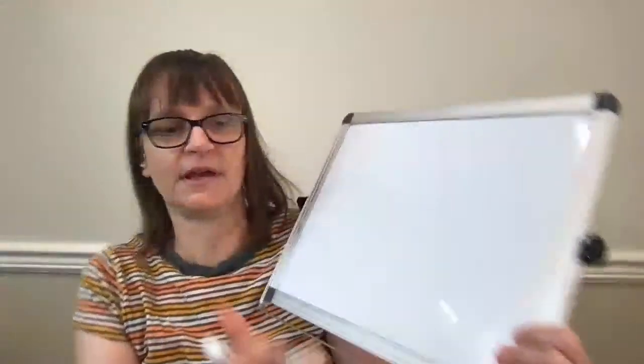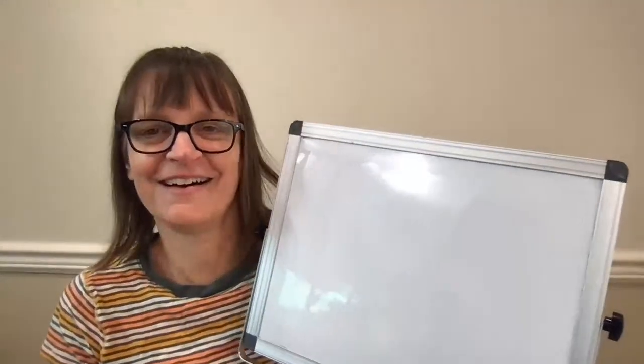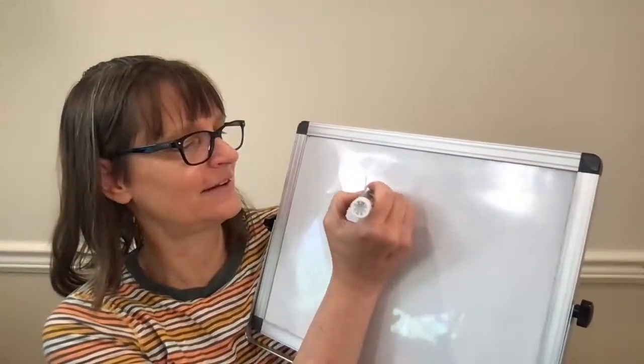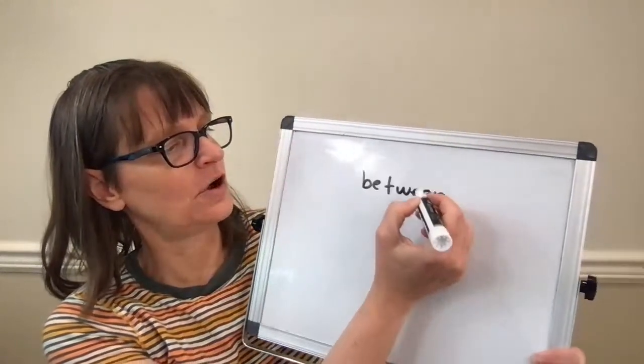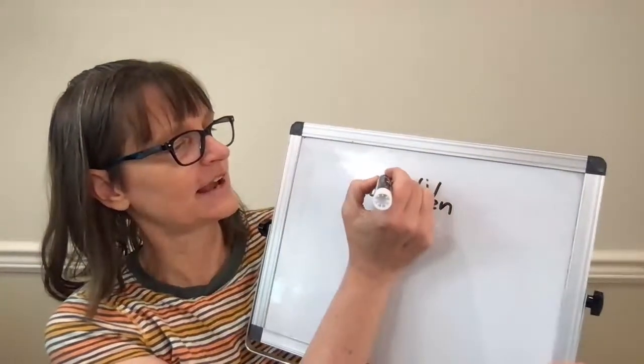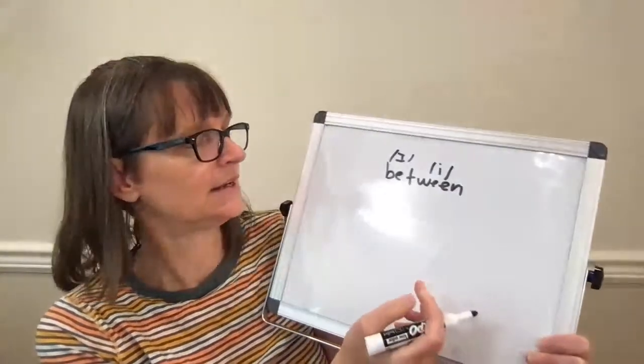We have a request for some words that contain both short and long E. Yes, well, here's the thing. If I have a word like between, this is what you call long E. This is actually the letter E saying the I sound, between.